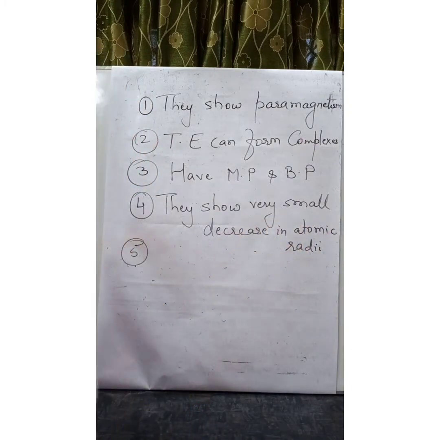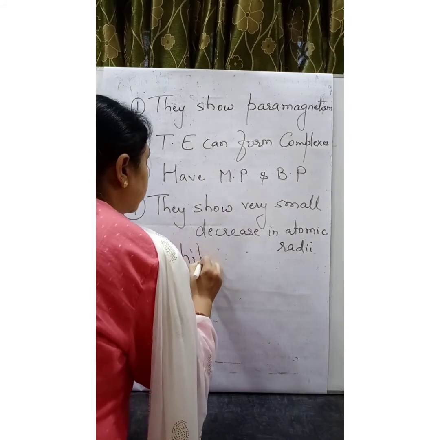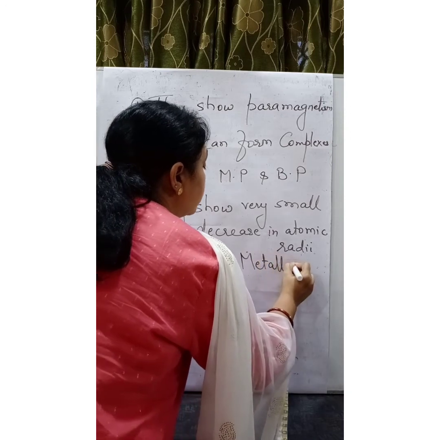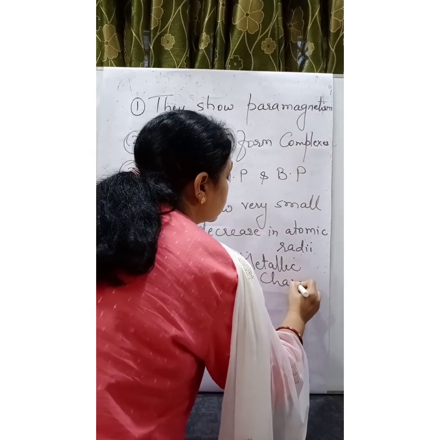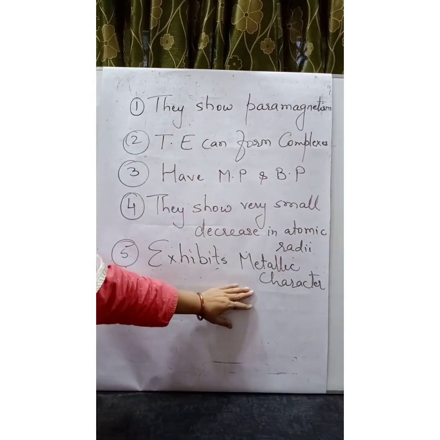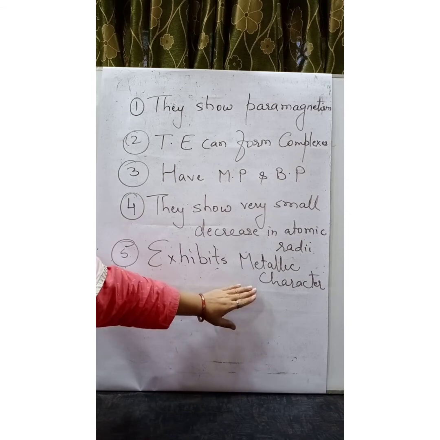The fifth characteristic shown by transition elements is that they exhibit metallic character. As you already know, metallic character is shown by metals, and metals have the tendency to lose electrons.